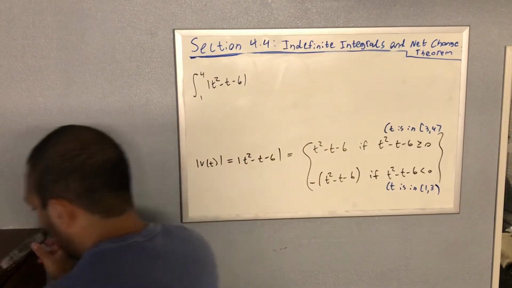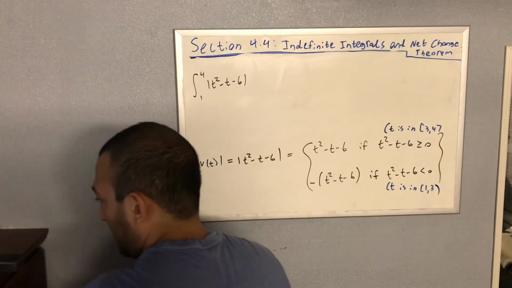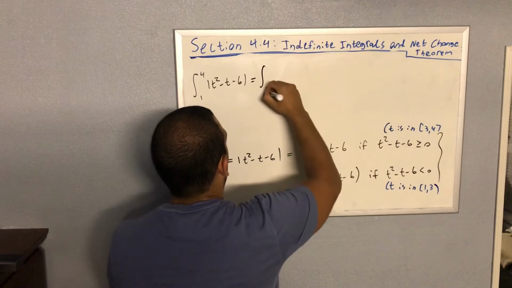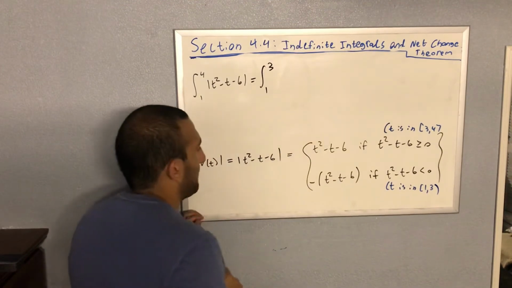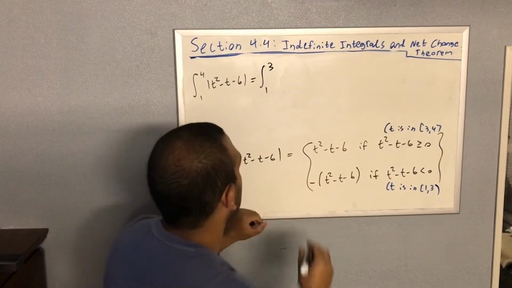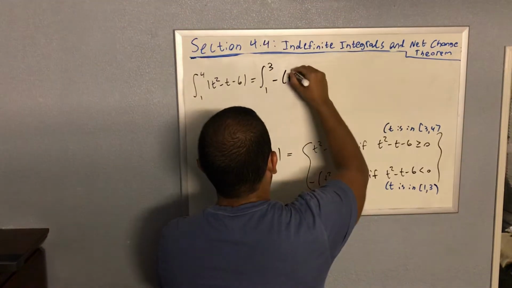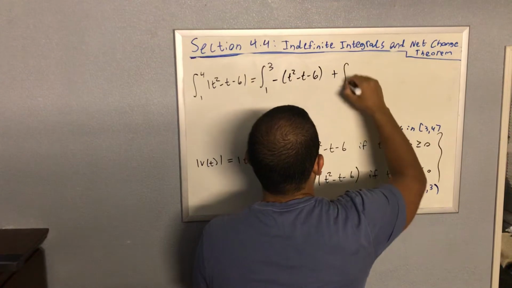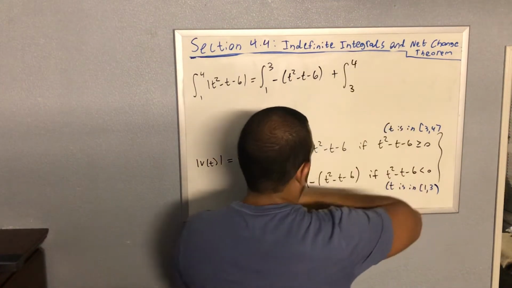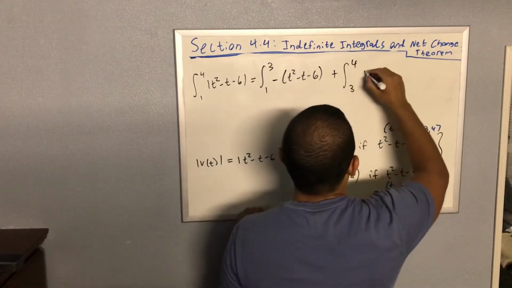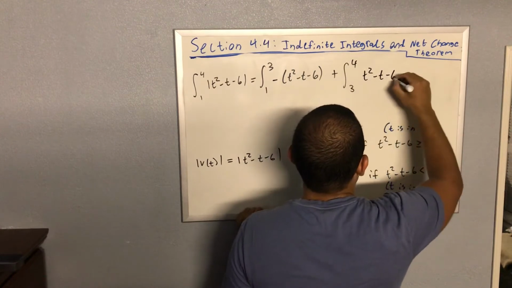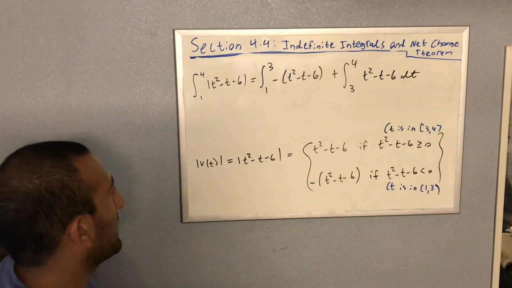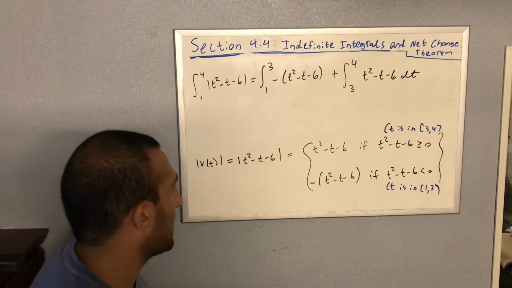Okay, so then this is going to be the integral from 1 to 3, and we need the minus sign here, plus the integral from 3 to 4, and we don't need the minus sign here. So this guy breaks into that.